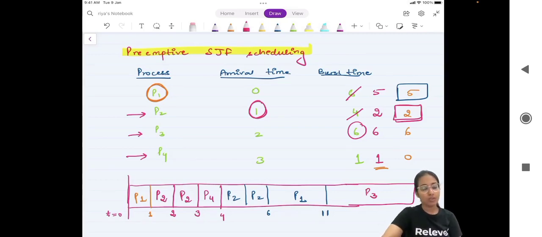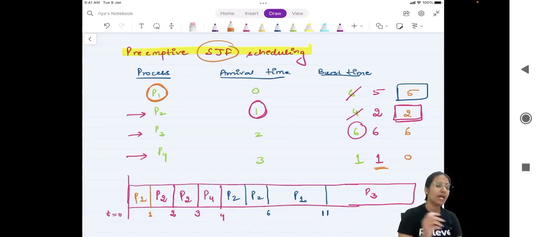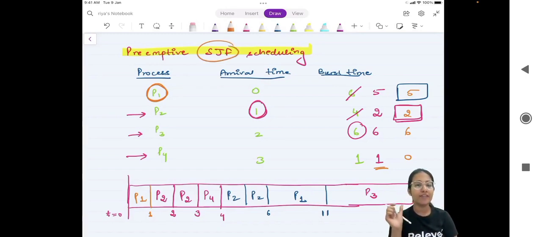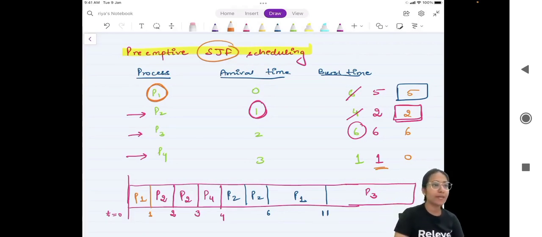So this is how the preemptive version of shortest job scheduling works. If a process with the shorter burst time comes in, the current process that is being executed is stopped, and the other process is allowed to execute first.